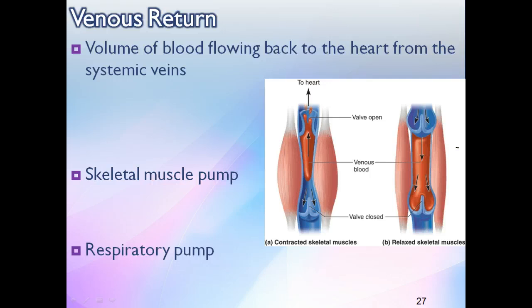Venous return. Now, we're of course pumping blood out of the heart and getting it out to your tissues. But the continued function of the heart relies on the fact that the blood continues to get back to the heart.